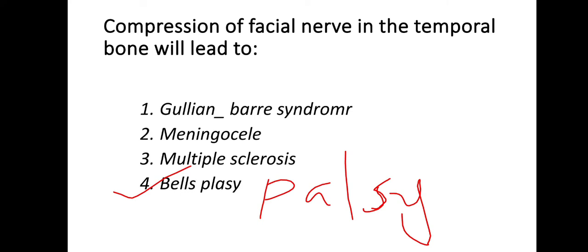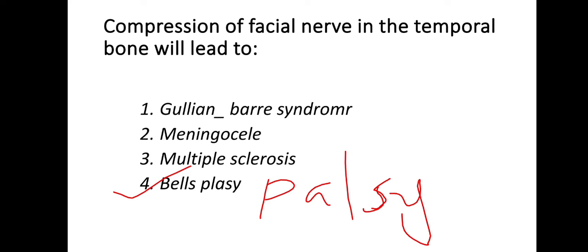Understood this one? And one more important thing is there, right? Inside Guillain-Barré syndrome, a rare variant of the syndrome is there: Miller-Fisher syndrome. It is a rare variant of Guillain-Barré syndrome which usually presents with descending paralysis.